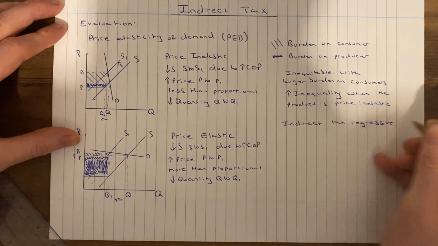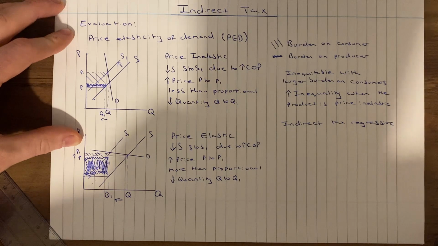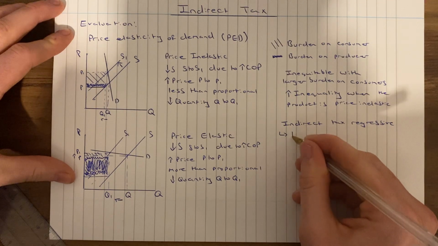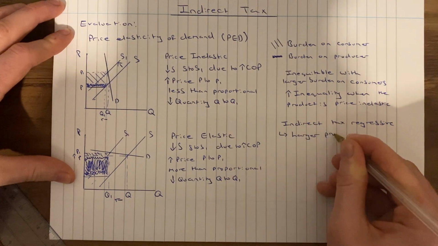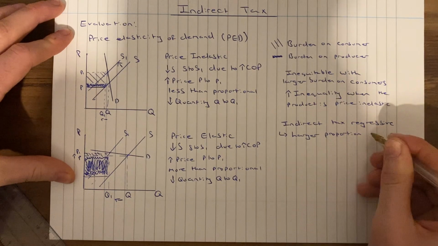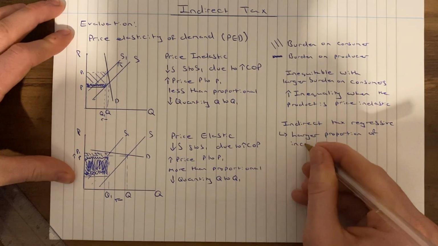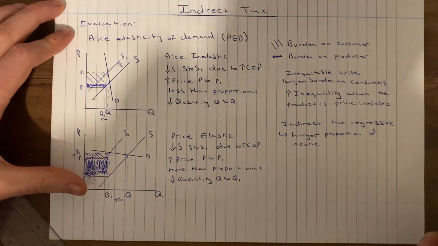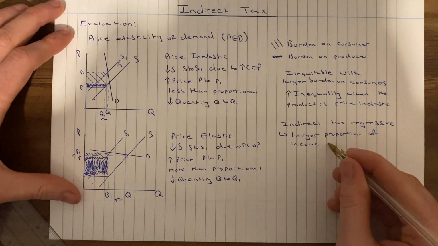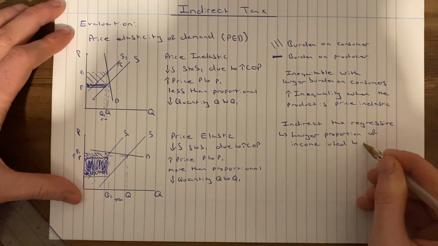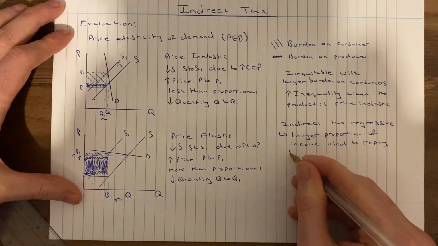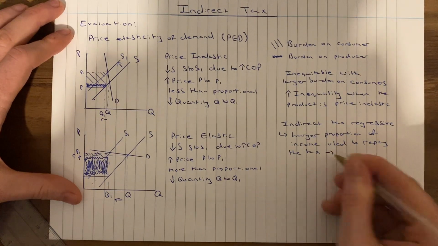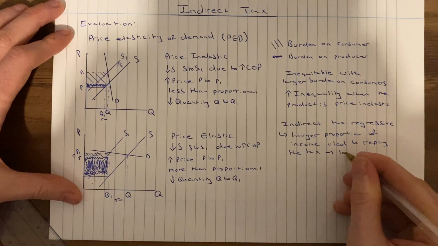the point we've just made about the burden being on the consumer. The indirect tax is regressive. A larger proportion of income is used to repay the tax, and this is particularly specific to low income earners.